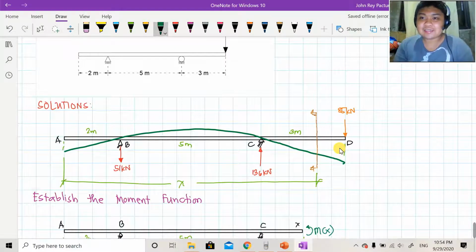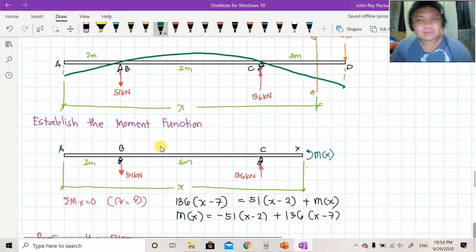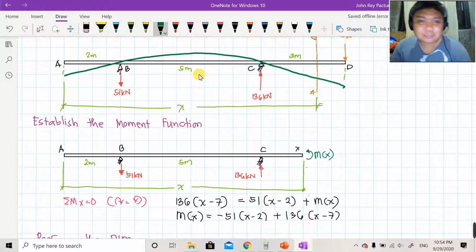Kung sino sa kanilang tatlo ang may pinakamataas na absolute value for deflection, siya na yung maximum deflection. Kapag nagsosolve ka ng mga overhang, hahanapin muna yung maximum deflection between the supports.